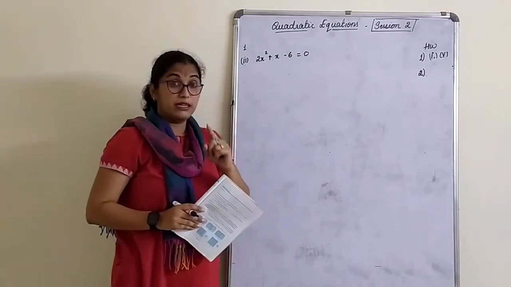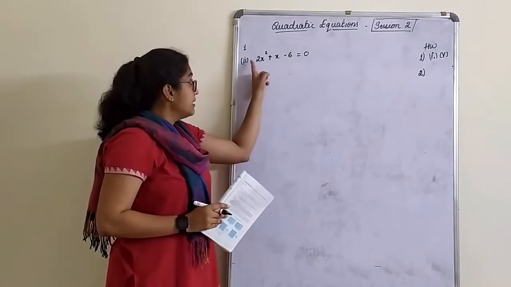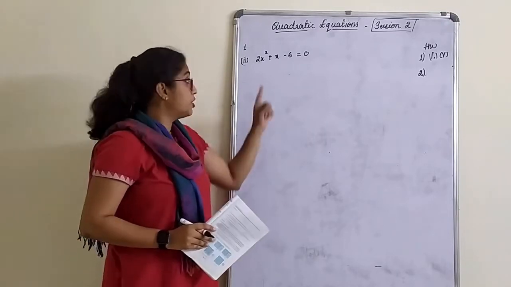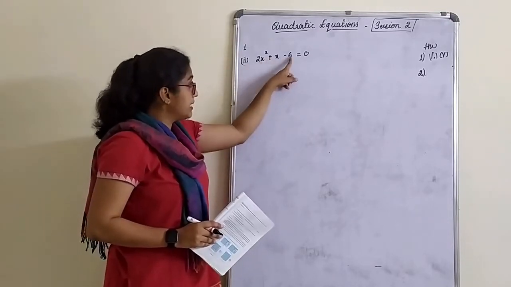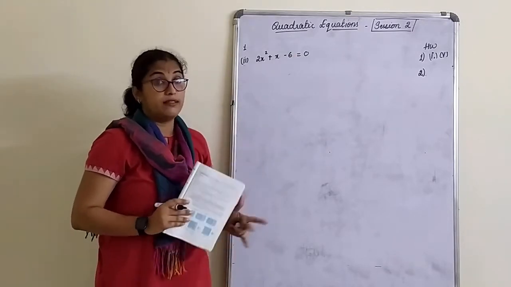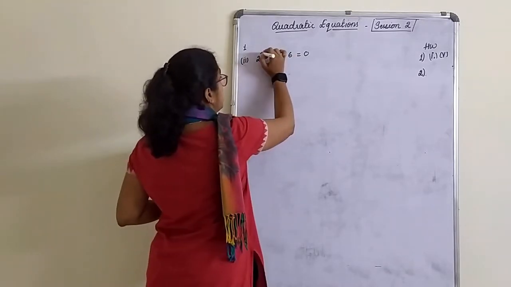Before you split the middle term, make sure that the equation given is arranged properly. It is in the form of ax square plus bx plus c is equal to 0. It has to be in this form. Okay, so let's split the middle term.